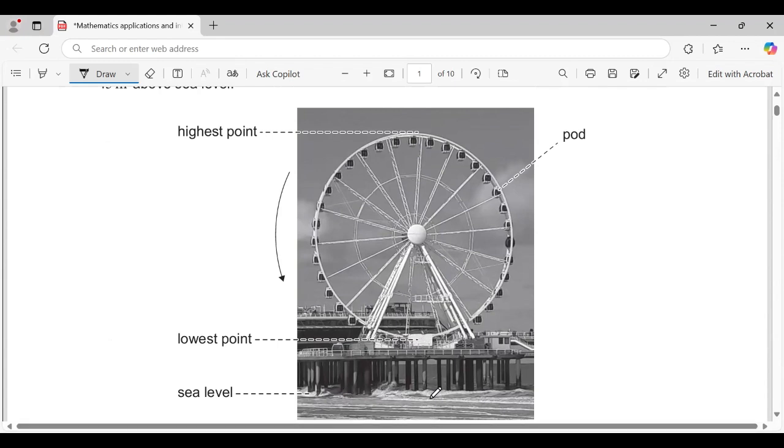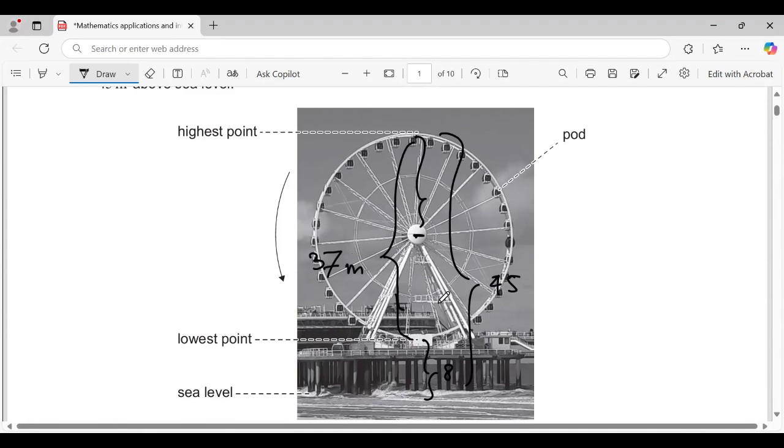From sea level to the highest point is 45, and from sea level to the lowest point is 8. So the difference is 45 minus 8, which is 37 meters. So we can determine the radius from this point to this point.